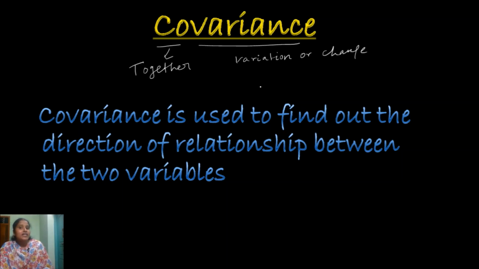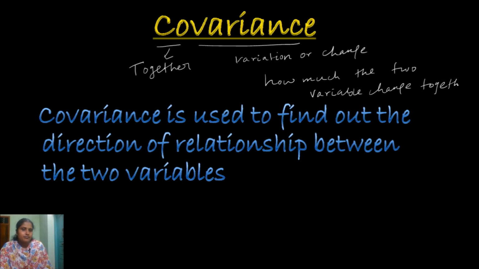That is, covariance measures how much the two variables change together. In short, covariance tells whether there is any relationship between the two variables, and if so, what is the direction of the relationship between the two variables. So, covariance is used to find out the direction of relationship between the two variables.